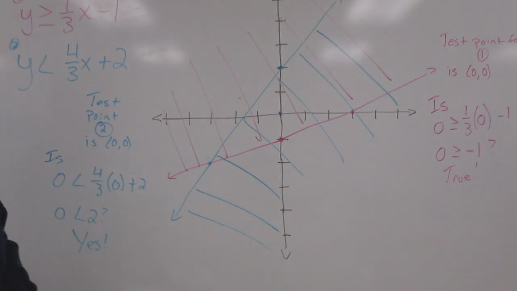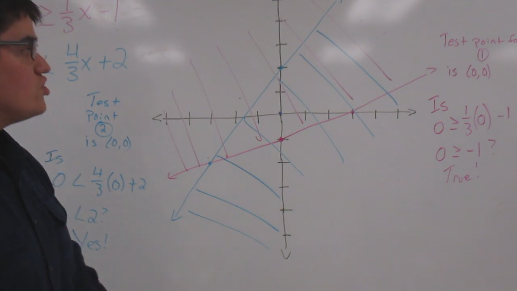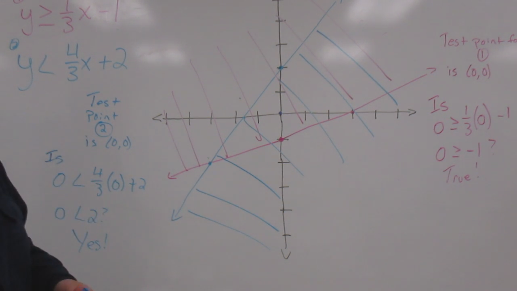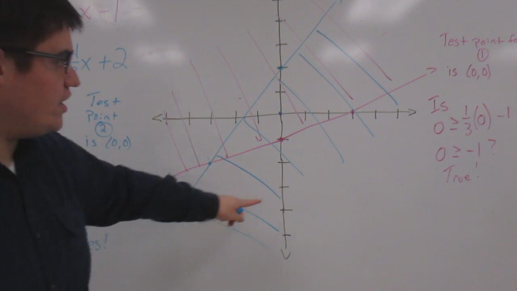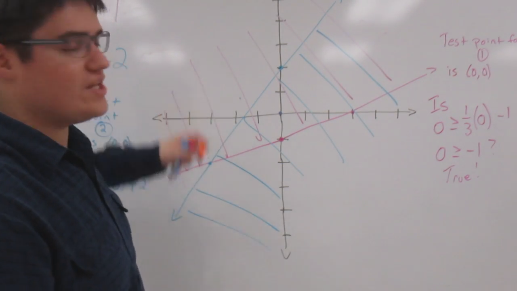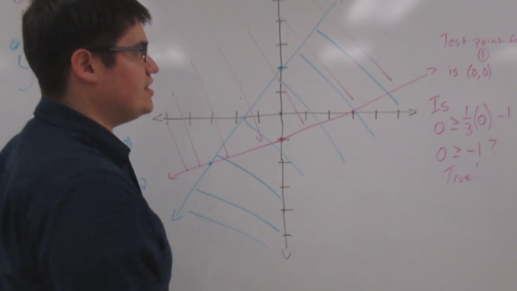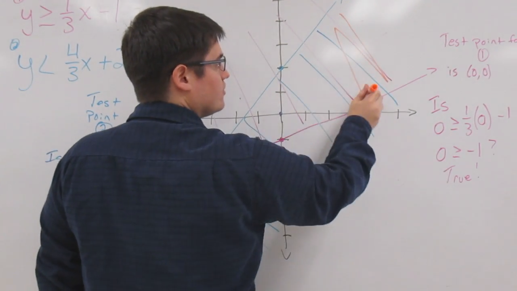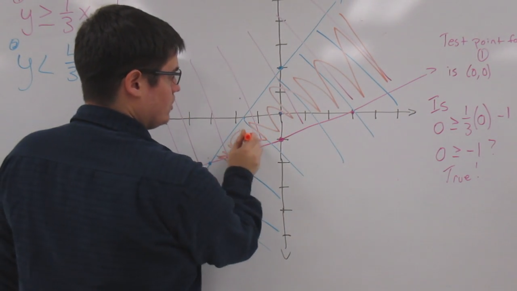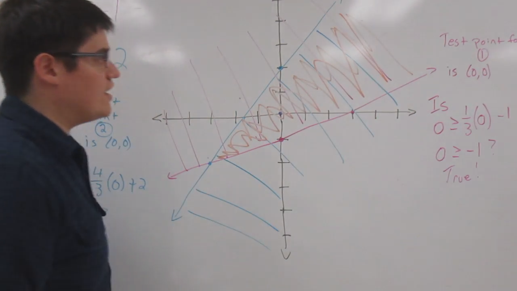On my blue line. Okay, now this is a system of inequalities, so what we're looking for is the part where the 2 graphs overlap. If you see down here, this is all blue. Up here on the top is all pink. But if we look here kind of in the middle, we see this area is where our 2 solution sets kind of overlap.